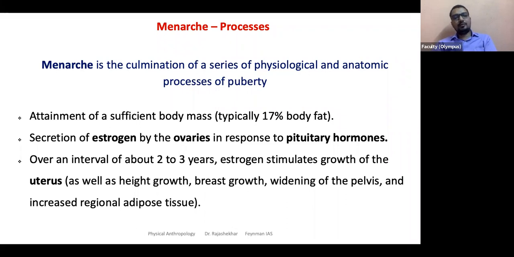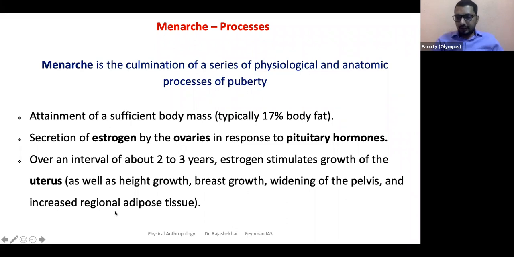And over an interval of about 2 to 3 years, once this process begins, estrogen stimulates the growth of the uterus. It directly acts on the uterus, and also affects height and breast growth. So in women, there is height increase, breast growth, and widening of the pelvic region, again in preparation for carrying and delivering a child. There is also increased adipose tissue at specific regional sites.